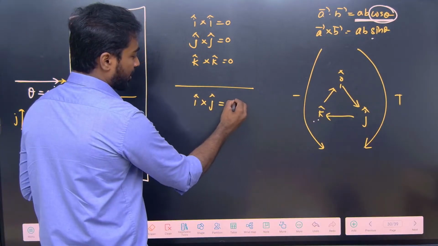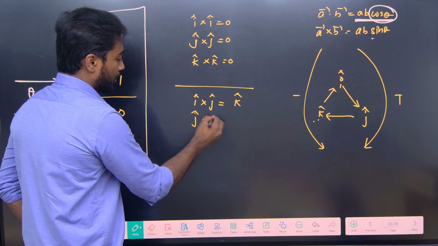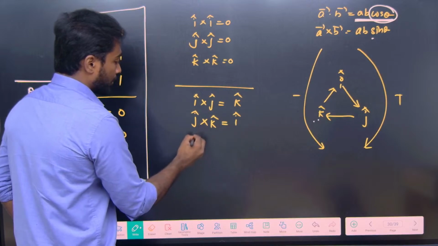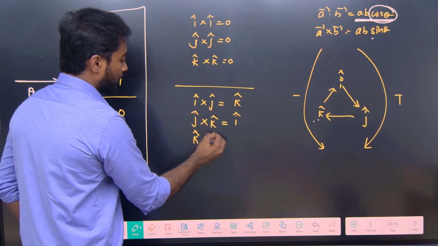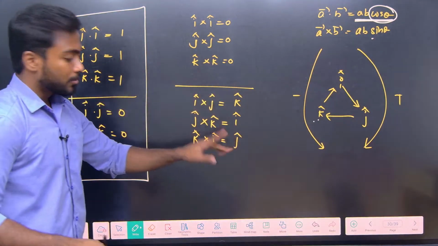So I cross J gives K, J cross K gives I, K cross I gives J. Okay, everything we got.